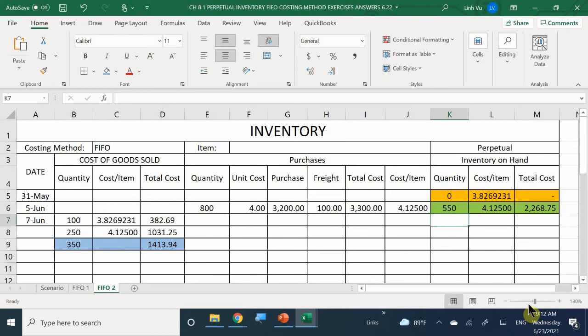And because I placed my formula in here, it's automatically calculating it for me, which should give me a total balance of $2,268.75. Now, if we do that on our paperwork here, what is 3,300 minus the 1031.25?